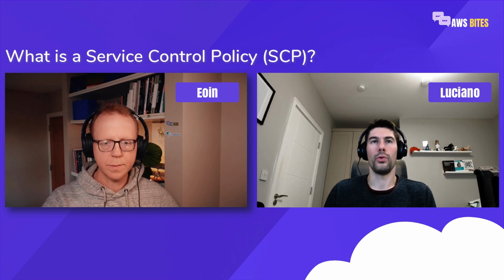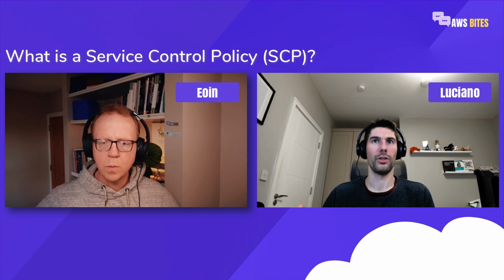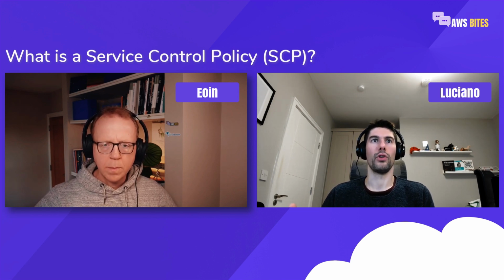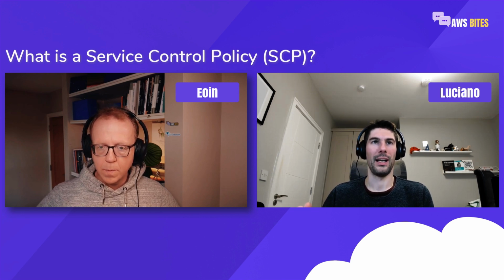So the structure that you choose is highly influenced by the kind of company you work with and the way that you actually ship things to production, but also what kind of service control policies you want to have, because defining service control policies is going to affect what you can do in every single account.